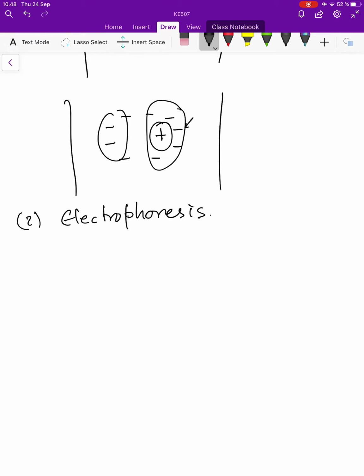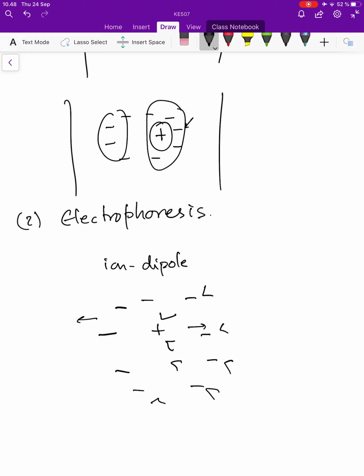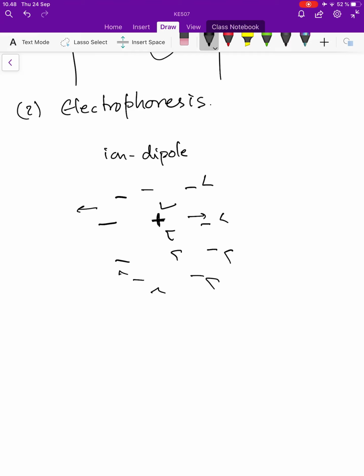So in solution, these ions interact with solvent by means of ion-dipole interactions. When a cation is moving towards the cathode, it is also carrying solvent along with it. But the ionic cloud is moving in the opposite direction and it carries a larger amount of solvent with it, which means that this ion encounters more solvent molecules moving against it and therefore is retarded.